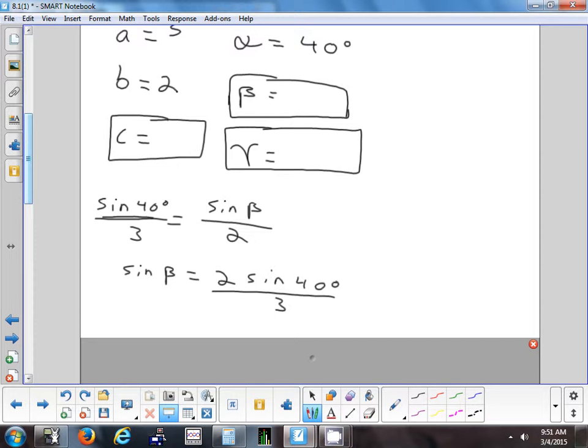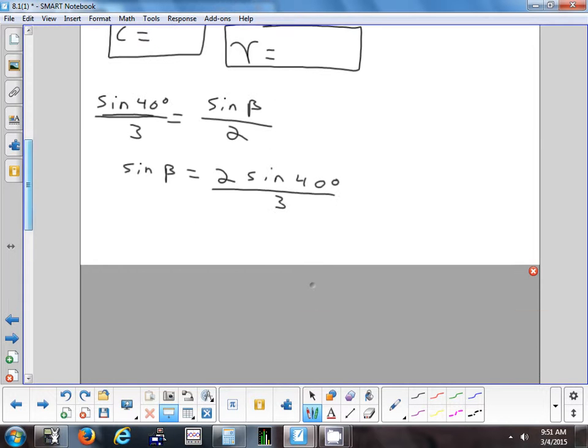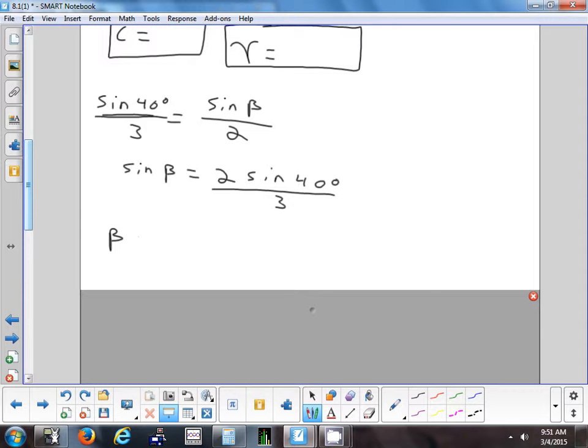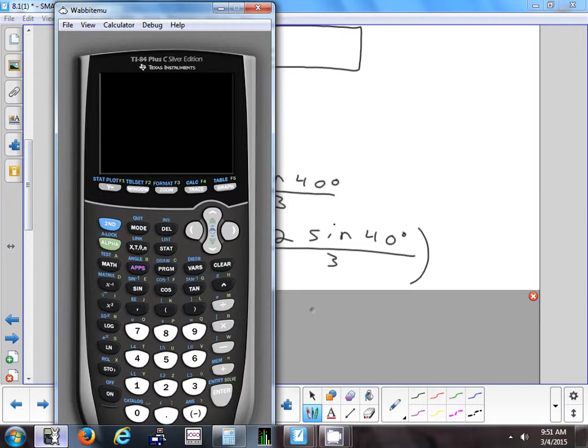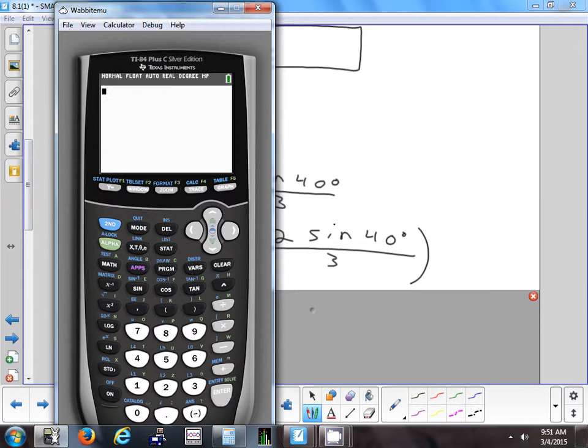And now I've got to get beta by itself. How do we get beta by itself here? Yep. Take the inverse sine of both sides. So beta equals inverse sine of 2 sine 40 over 3.